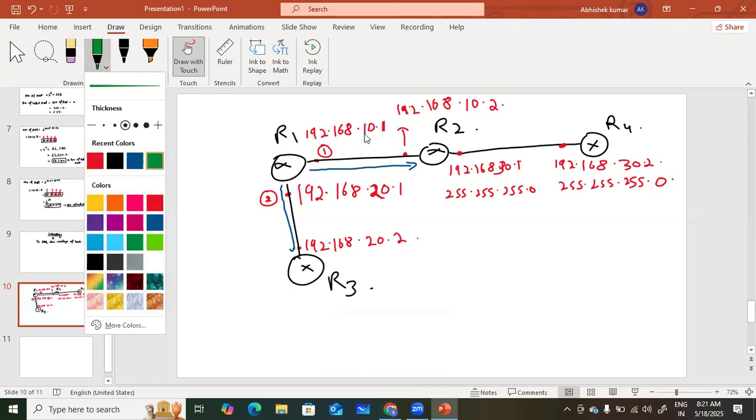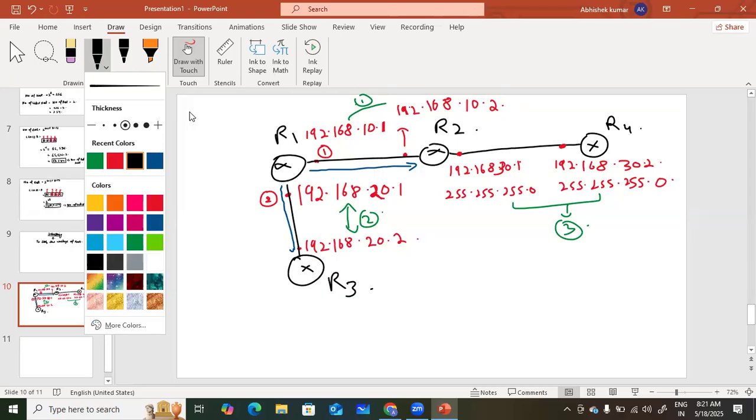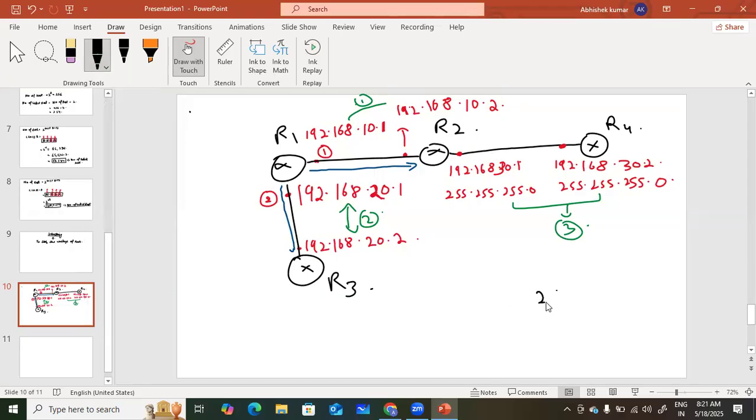So right now, I have used three different networks. Network number 1, which is configured between them. Network number 2, configured between them. And network number 3, configured between them. So you see, I am using only two hosts from each network. In class C, I have 254 valid hosts, which is something we have just discussed.